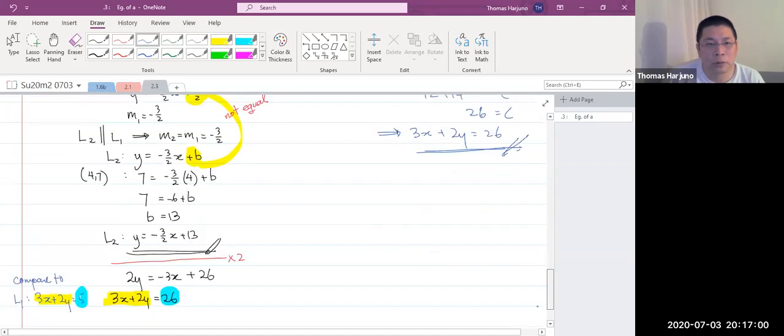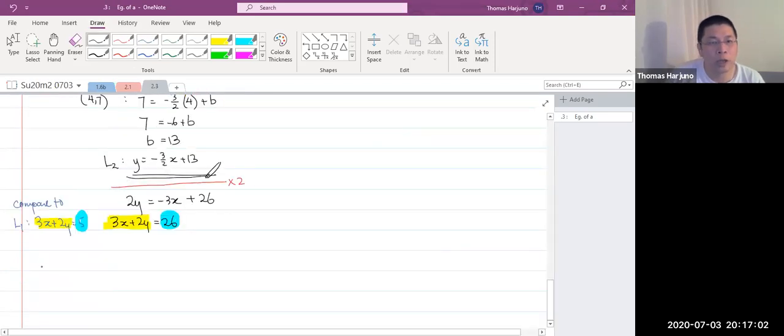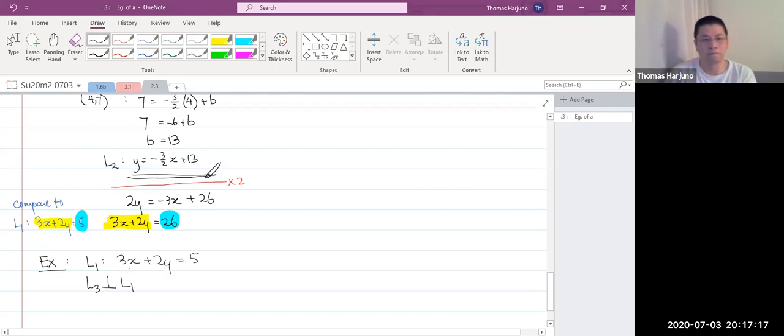Now, suppose I go another way. Suppose I have another example. My line 1 is 3x plus 2y equals 5. And my line 3, to distinguish it from line 2, is perpendicular to line 1 and contains, let me use the same point, (4, 7).